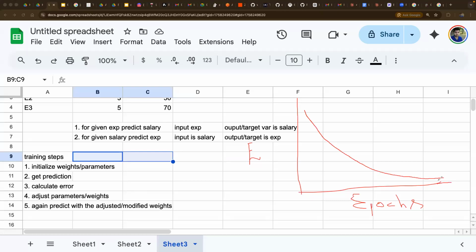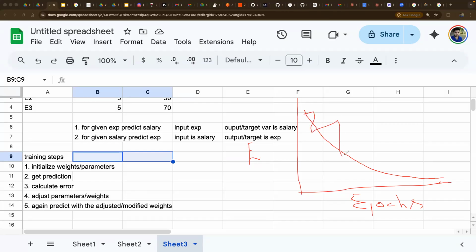It may or may not become almost asymptotic, in the sense that it will almost touch zero, but may not become zero. But this is theoretical. Usually, the curve, the path it follows when we increase the number of epochs or iterations for adjusting weights and then predicting the output, may not be very much like this.